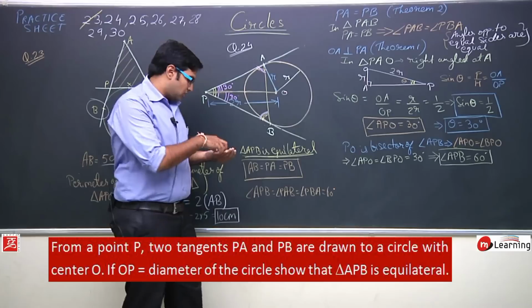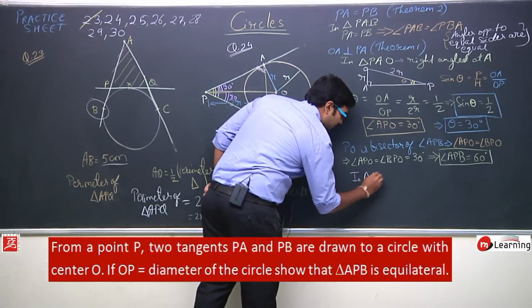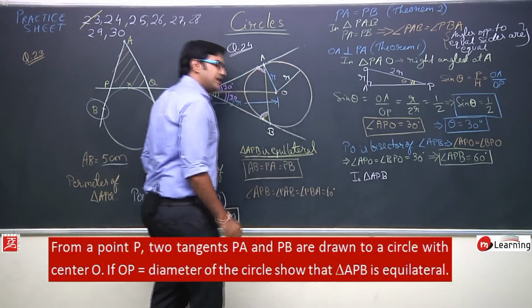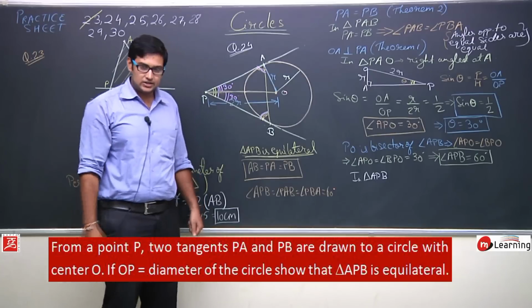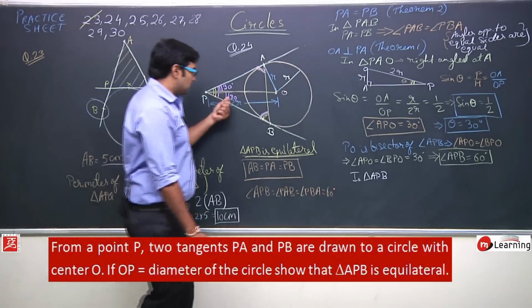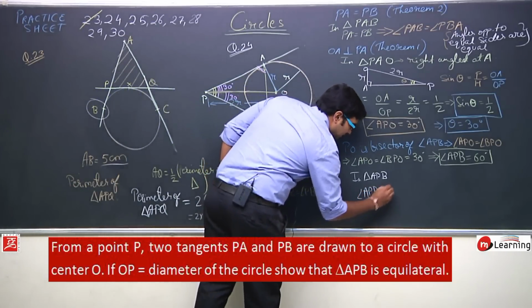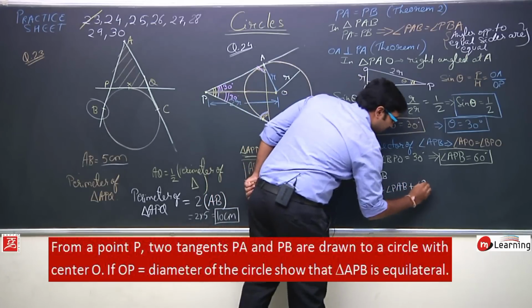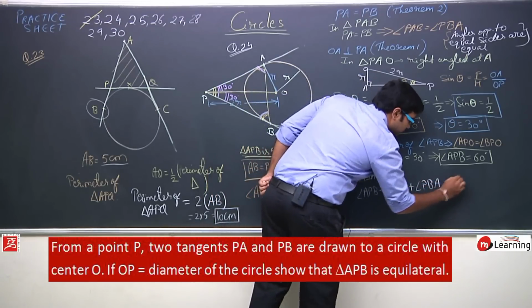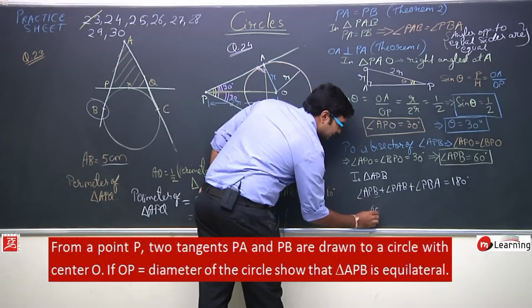Now observe triangle APB. In triangle APB, the sum of internal angles will be equal to 180 degrees. This condition you know very well. So in triangle APB, I can write angle APB plus angle PAB plus angle PBA is equal to 180 degrees. What is angle APB? It is 60 degrees.